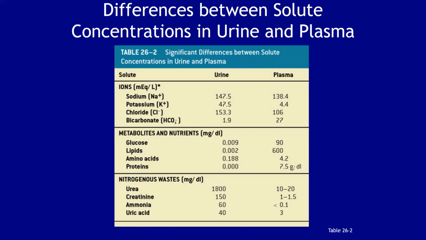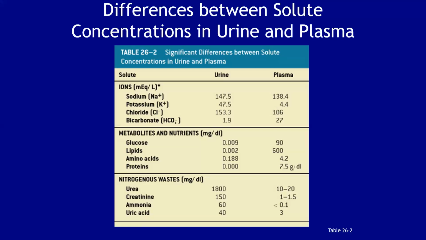But I want you to look at your plasma levels of glucose and your urine levels of glucose. Notice that you should have a very, very small amount. This is in milligrams per deciliter. So your blood plasma level should be about 90 for a person who's in homeostasis. You should have very little in your urine. Notice the same for lipids, the same for amino acids, but look here at proteins.